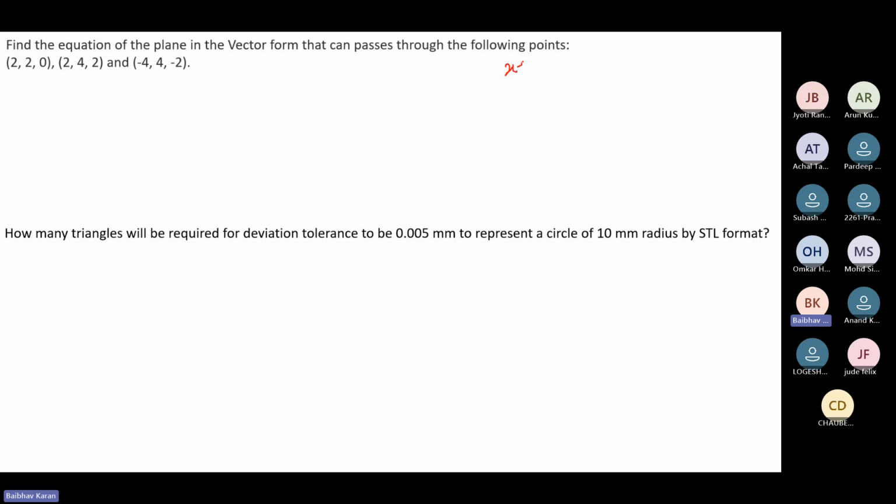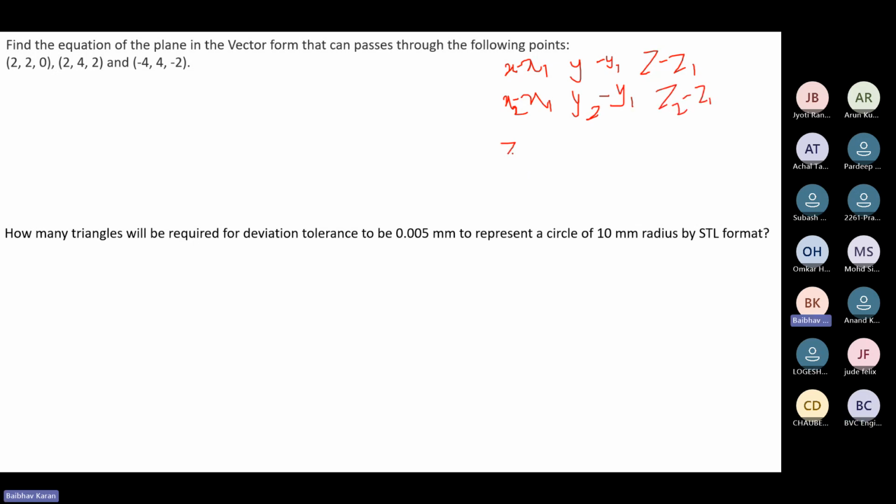It's x minus x1, y minus y1, z minus z1, then x2 minus x1, y2 minus y1, and z2 minus z1, and x3 minus x1, y3 minus y1, and z3 minus z1.